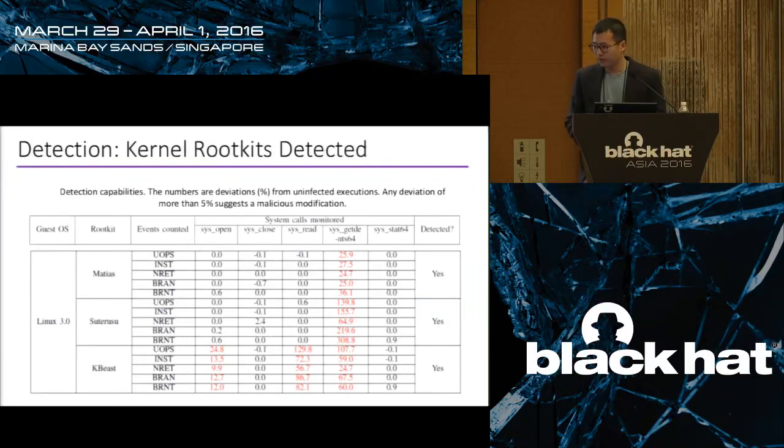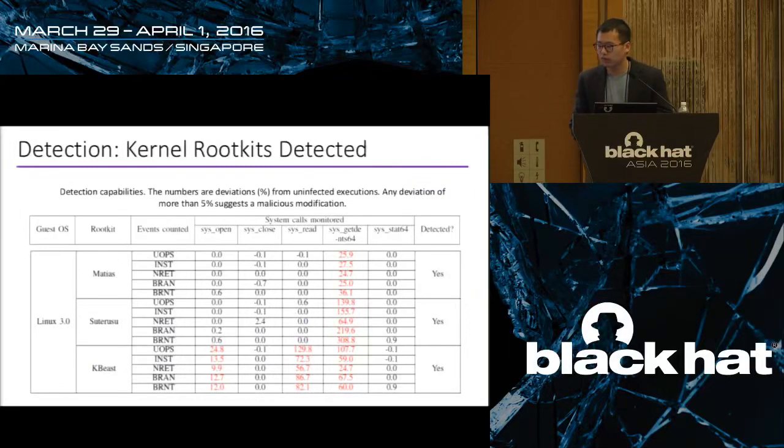Okay, so this is a very busy table. I will try to explain it very slowly. The first column is the guest OS kernel version. In this case, it's Linux 3.0. The second column is the rootkit that we run on the guest OS. And the third column is the event that we selected in our experiment. Those are the same events that I mentioned earlier. So for each rootkit, we have 5 events.